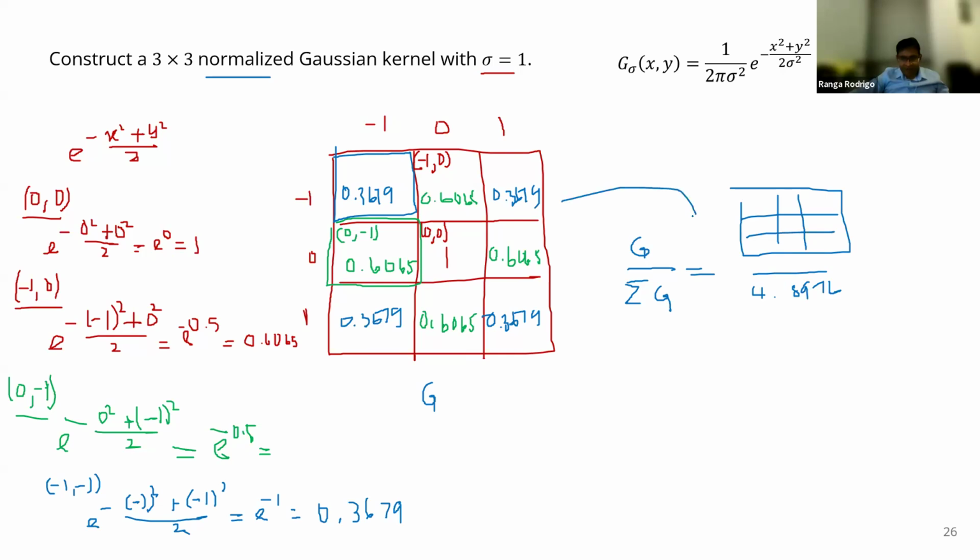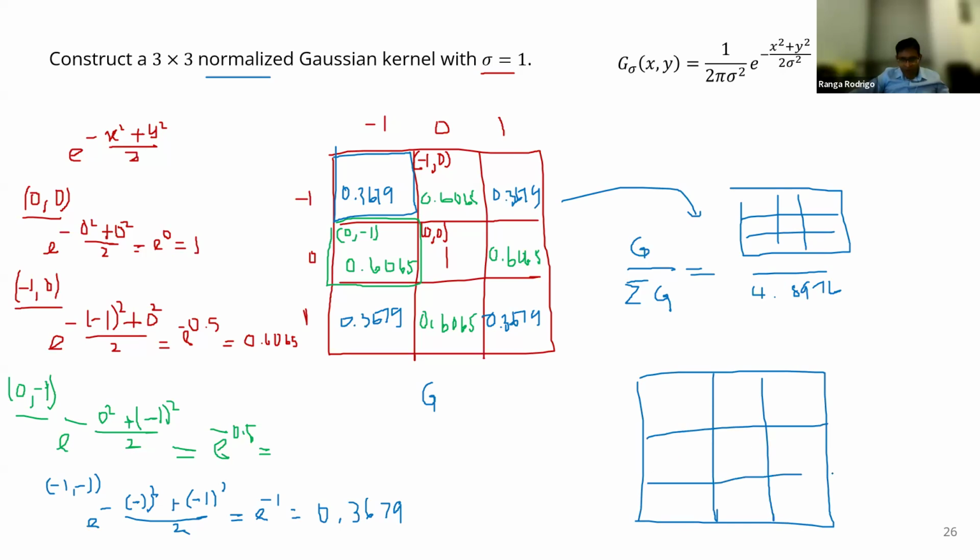Finally, each of these you have to divide by 4.8976. So 1 divided by 4.8976 is 0.2042.